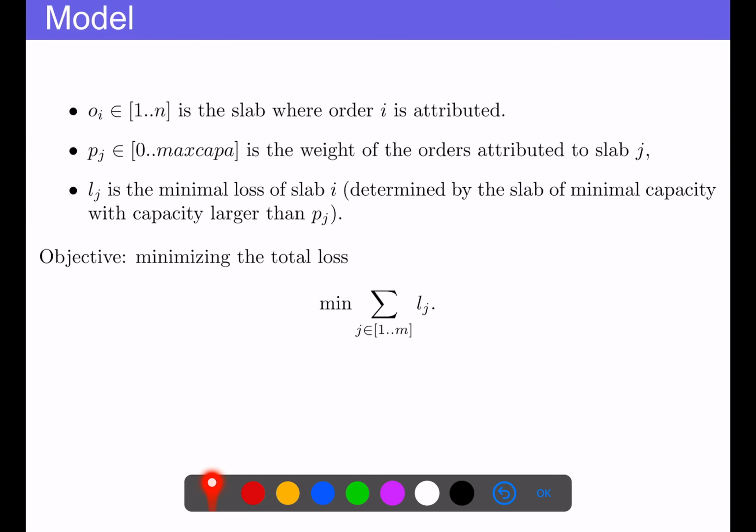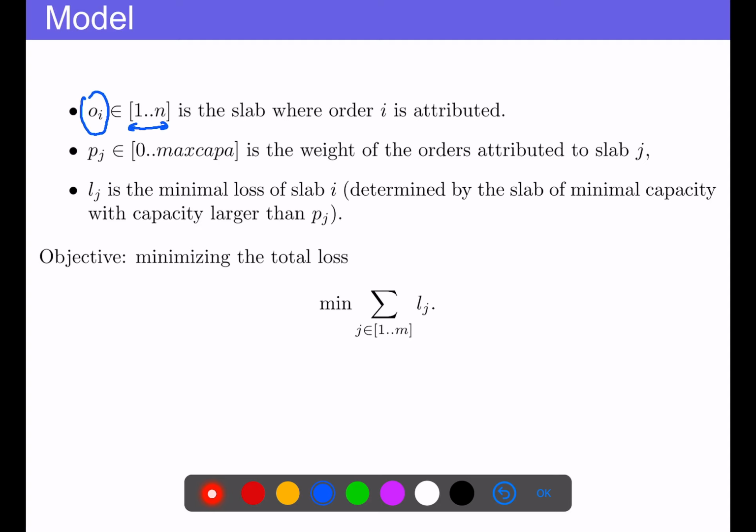And this is the model that we will do. So these are the decision variables. What I will do is that I will decide for each order i the slab that will be attributed to that order. And so the domain of these variables, assuming that I have n slabs, is from 1 to n. Okay. Then I will also have the weight.